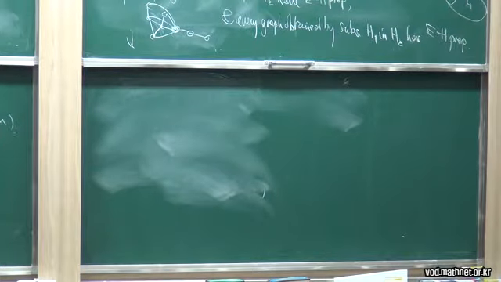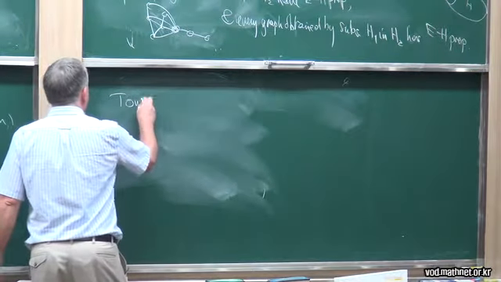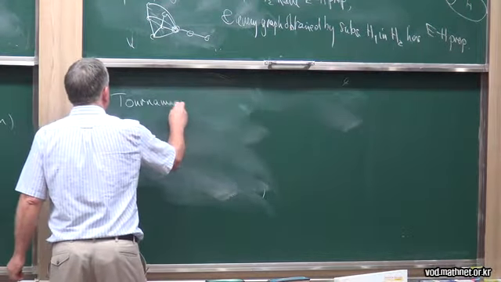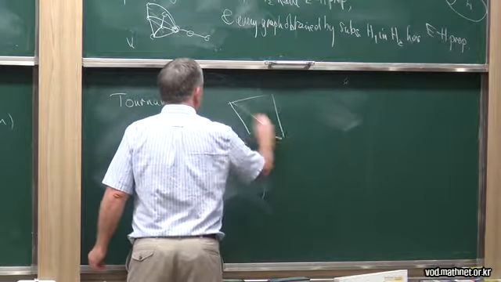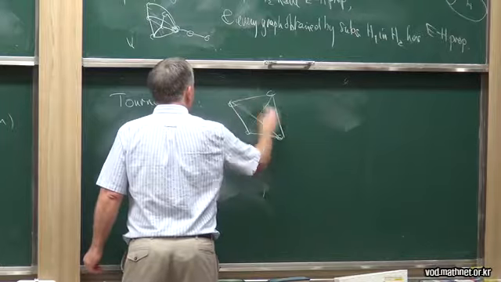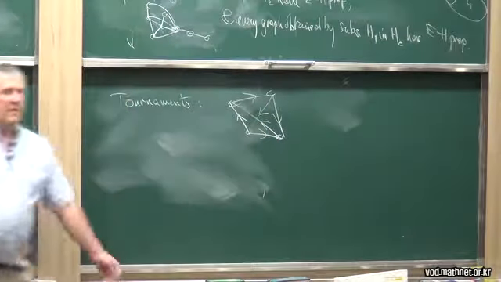Since we've done so well with induced subgraphs of graphs, we can make life harder and do tournaments. What a tournament is, you take a complete graph and you direct its edges somehow. Right?